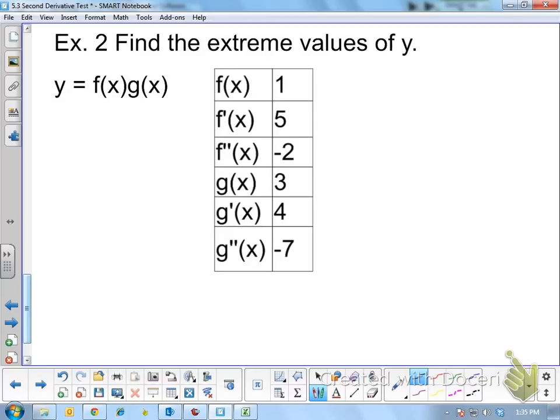So on this one, I don't have an actual function for f or for g. So I will not be able to perform a line test no matter what. I think I did set up my table incorrectly.